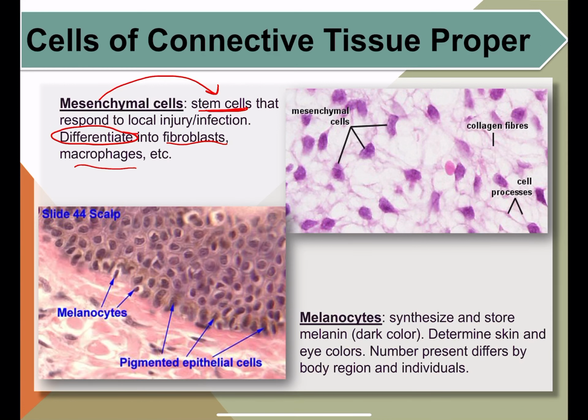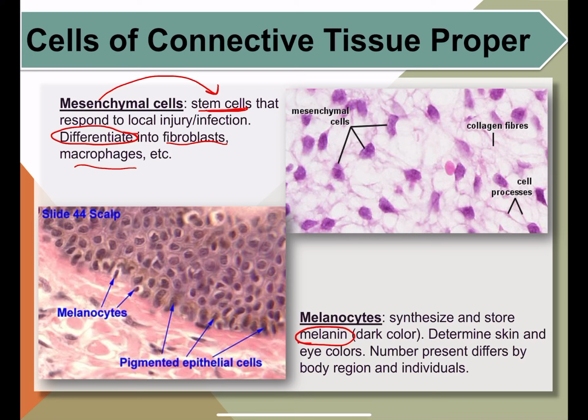Melanocytes are those that synthesize and store a protein pigment called melanin. Melanin is what gives us that dark coloration on our skin, hair, and iris as well. How dark we express this melanin in different parts of the body depends on multiple genes, not just one gene.